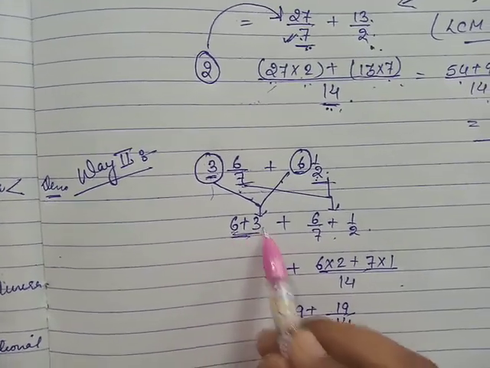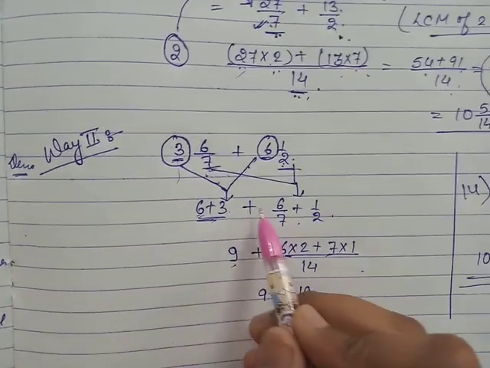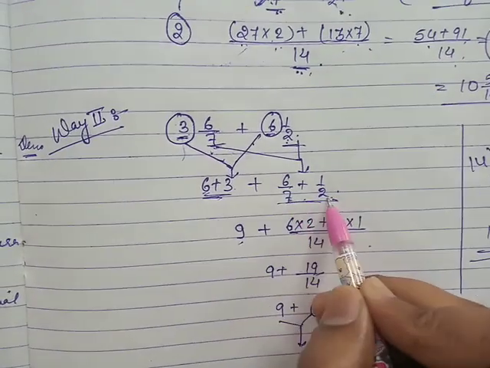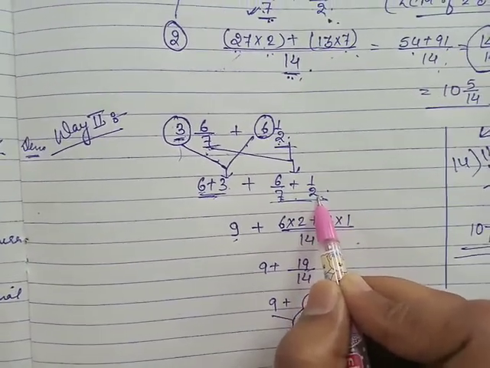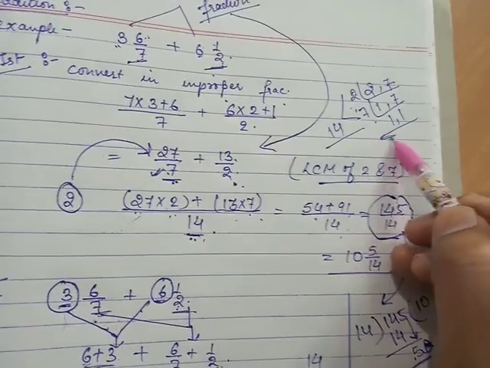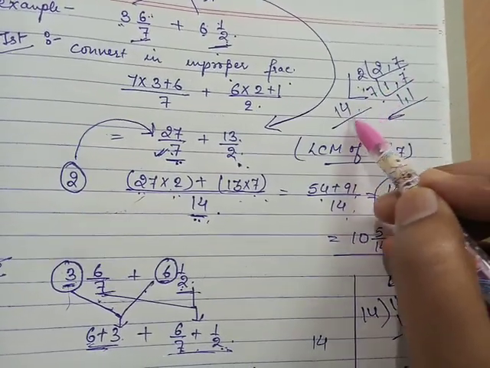So we have got 6 plus 3, that will be 9, and here we have the fractional part. For that we will take the LCM of the denominators, that will be 14, because earlier we have done that 2 and 7, the LCM will be 14.